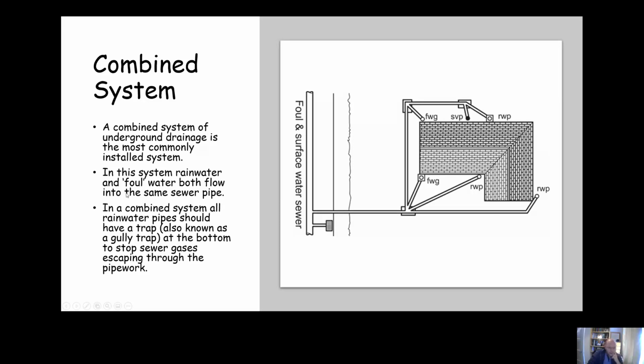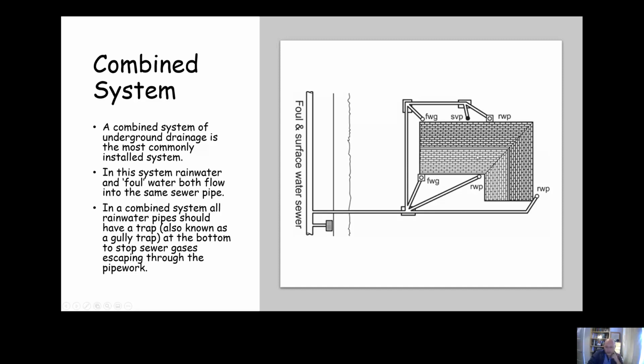Worth noting that your rainwater pipes on a combined system must have traps on them. Traps are there to stop smells getting out, and you don't really want potentially to have a running outlet underneath a window, for example, with all the smells from the sewer coming up through that running outlet.